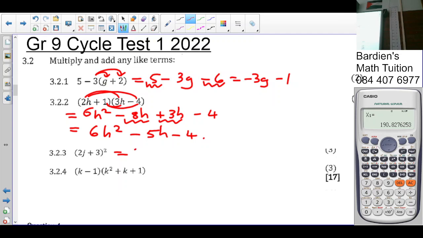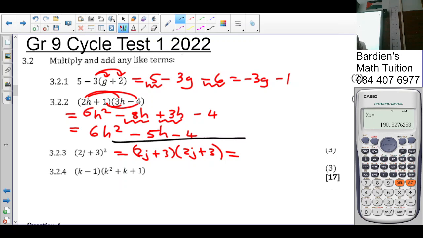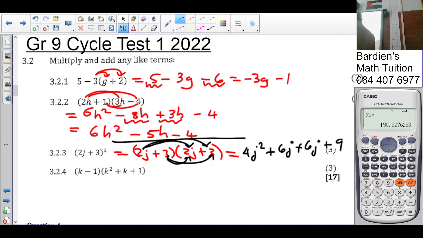In 3.2.3, because of the binomial square there, because of the square, we're going to write it out twice. And what we do then from here, again, we're going to multiply out here. So 2j times 2j, 4j squared. 2j times positive 3, it's positive 6j. 3 times 2j, it's positive 6j. 3 times 3 is positive 9.